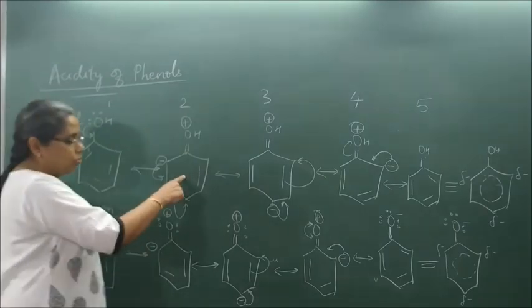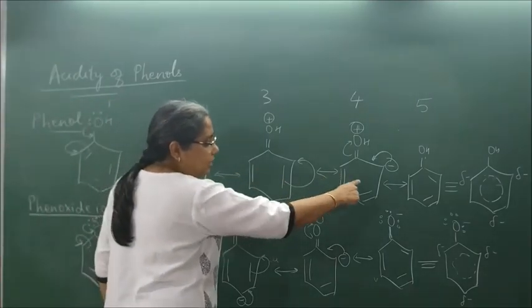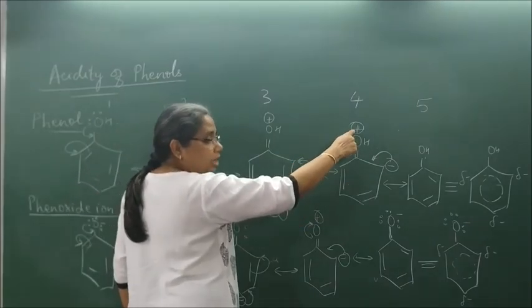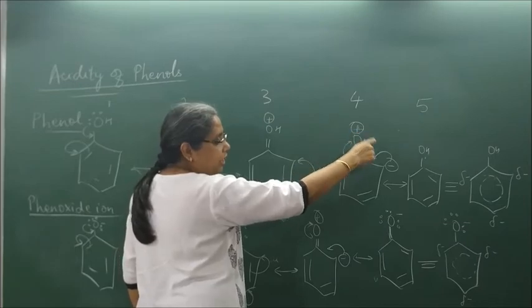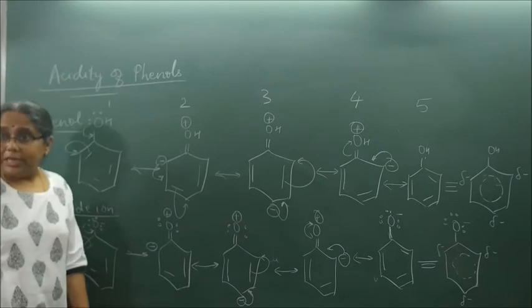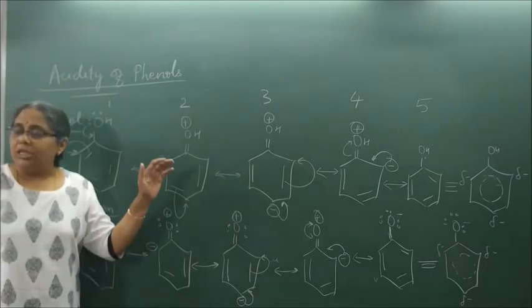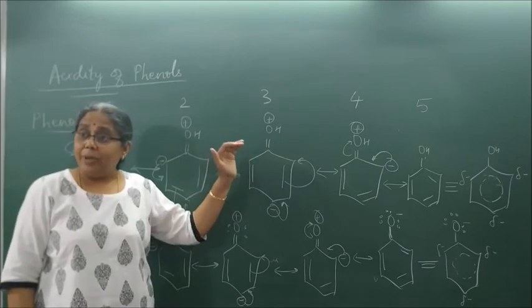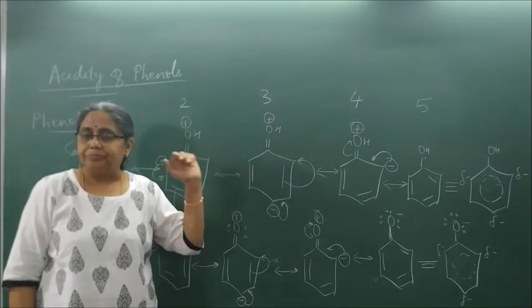In structure 2, structure 3 and structure 4, there is charge separation. The electronegative oxygen has got a positive charge, and wherever the bonds have been broken, there is a negative charge. So these two factors destabilize the phenol and make it less stable.